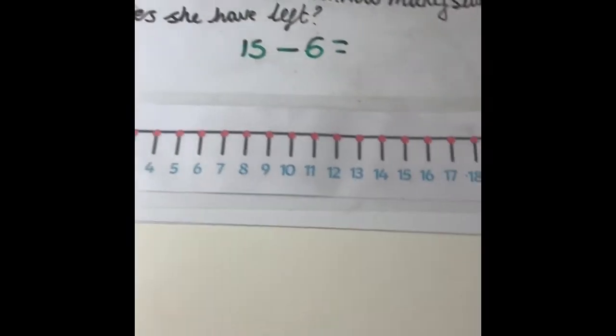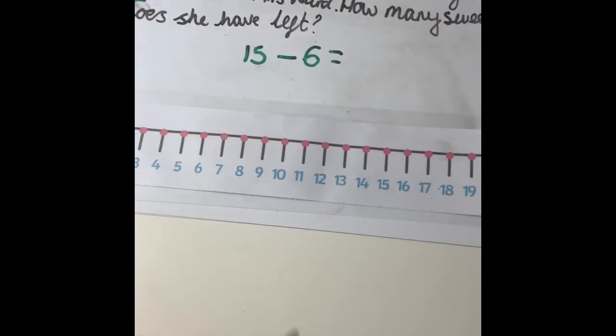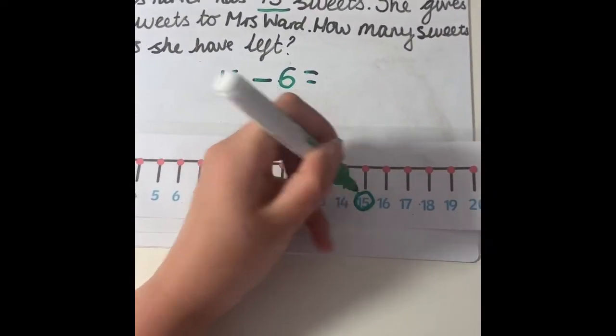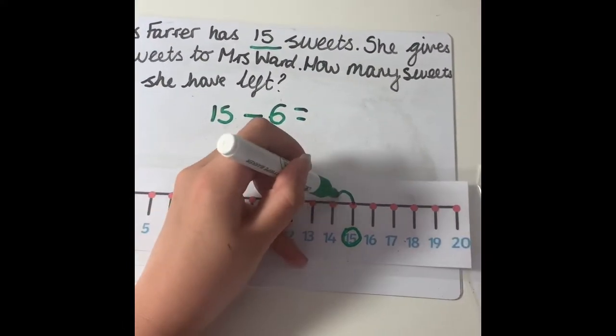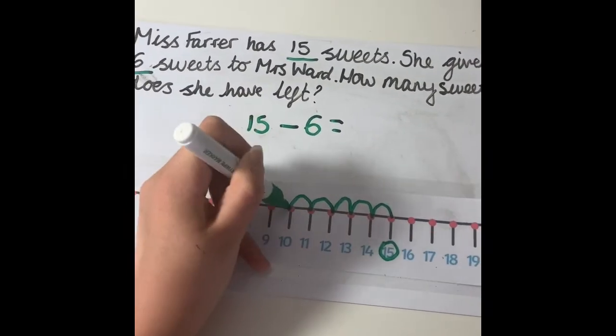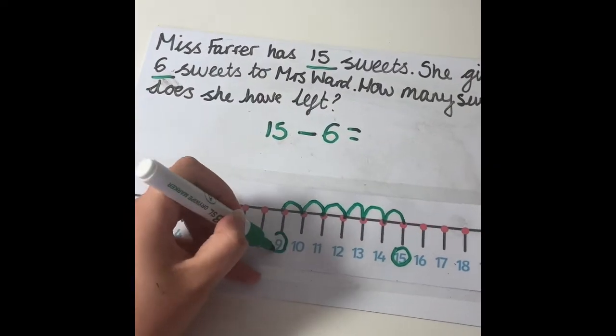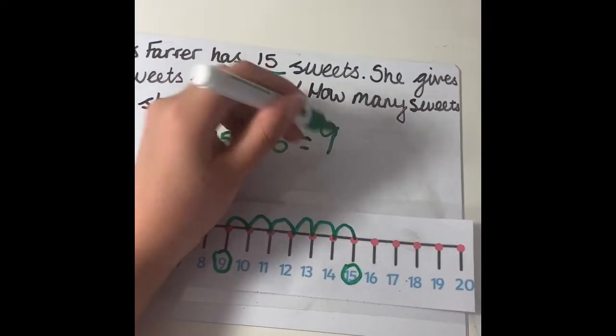Now, I've used a number line to help me. Are you ready? Start with your biggest number. Jump back however many it tells you to take away. Circle that number. What is the answer? 9.